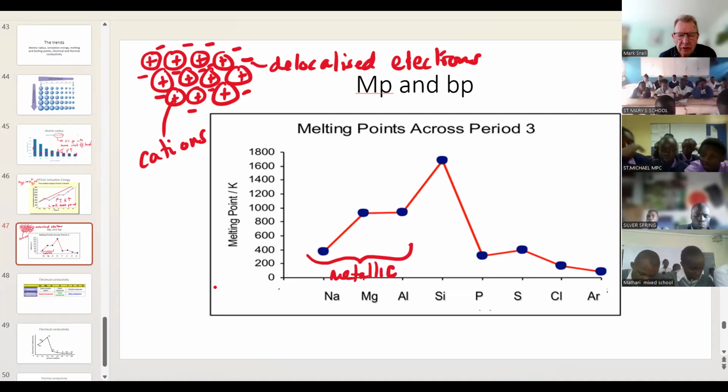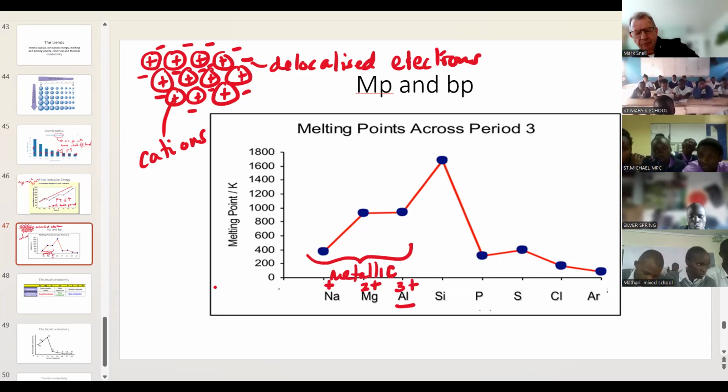So because sodium forms 1+, and magnesium forms 2+, and aluminium forms 3+, the aluminium will have 3 times as many delocalized electrons. Magnesium, twice as many as sodium.